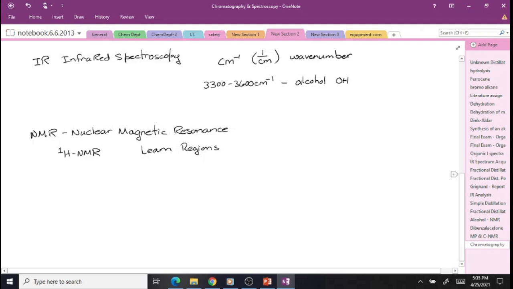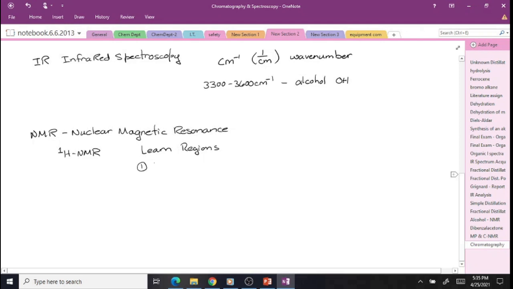So for IR, you should be able to at least determine what functional groups are present, and if you had a list of compounds, match a particular spectrum to a particular compound based on the peaks in the spectrum and the bond types that are present in the structure. But for NMR, you should be able to get individual structures from the spectrum alone without having any idea what it is or what you think it might be.